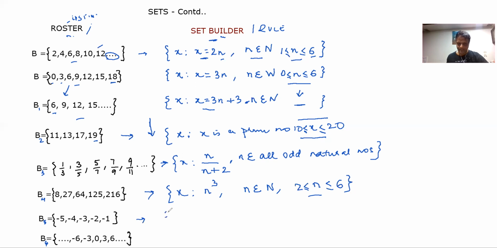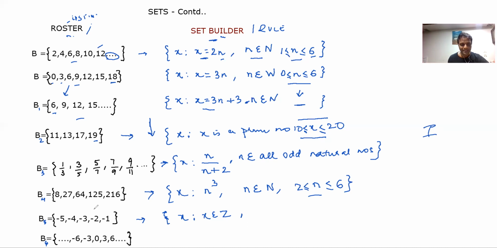This is again a bit interesting. Curly bracket that cannot change. X is such that, now these are integers. So X is such that X is the element of, how do we represent integers? Either by Z or by I. X is the element of integers.